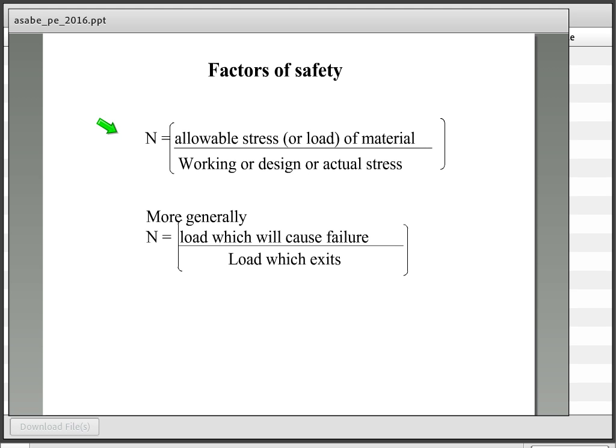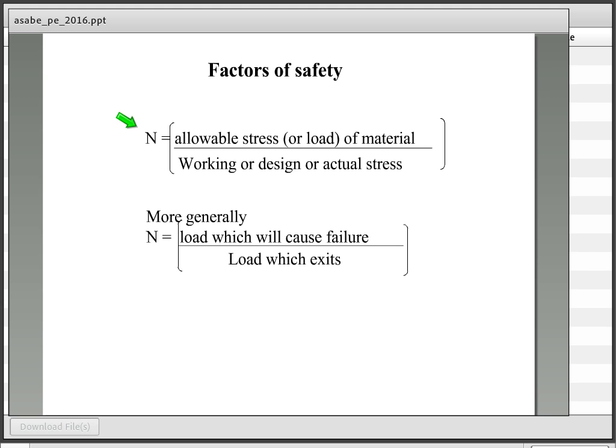In other words, they may word a problem saying use a certain factor of safety, or cause you to choose a factor of safety in calculating the allowable load or stress on a part. So what do we mean by factor of safety? Usually the typical nomenclature is capital N for factor of safety.